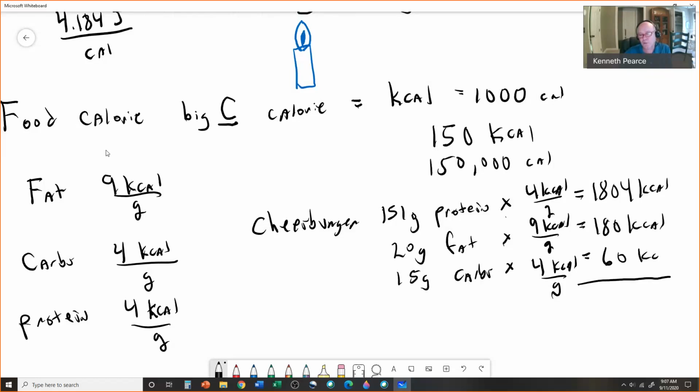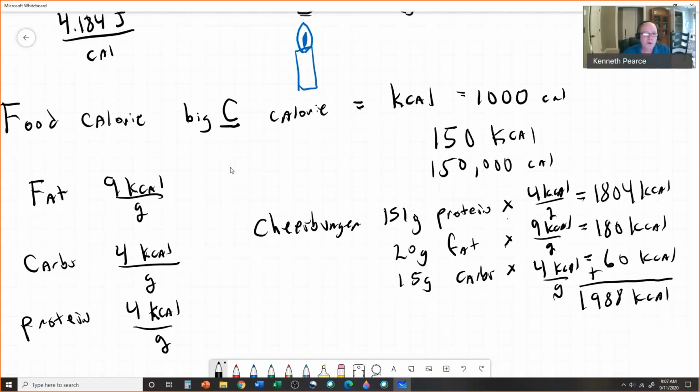And all we have to do at this point is just add them all up. So we go 1804 plus 180 plus 60 equals 2,044. Those are big C calories, but I prefer to use kcals when I do these. Now, easy peasy, just add them up. All right.